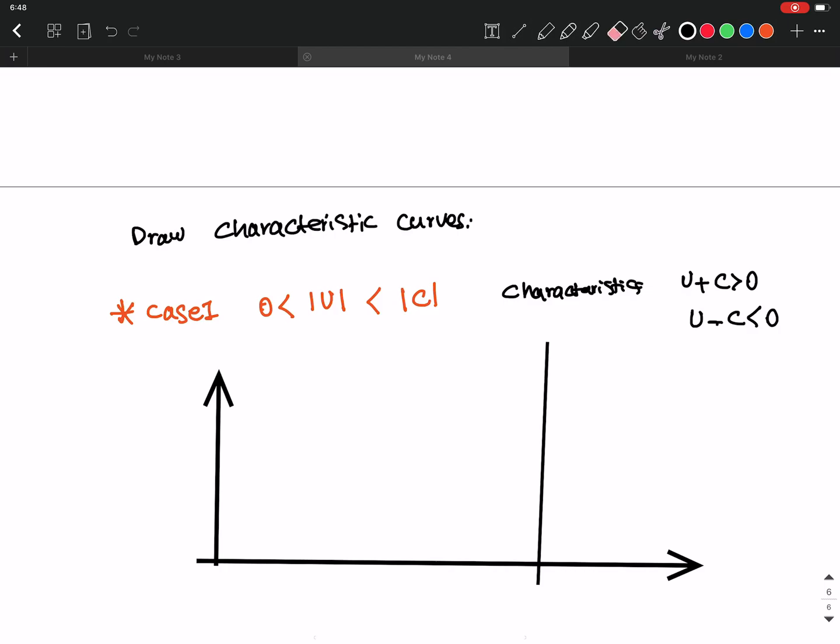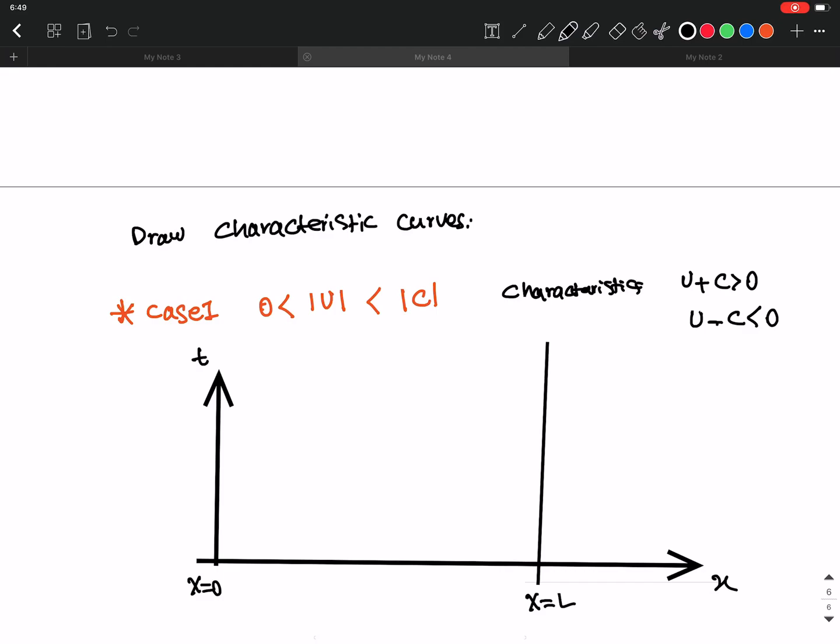So I'm just going to show that. Okay, so this is going to be x. Here is x equals L. Here is x equals 0. This axis is time. And so let's see how the solution looks like here.